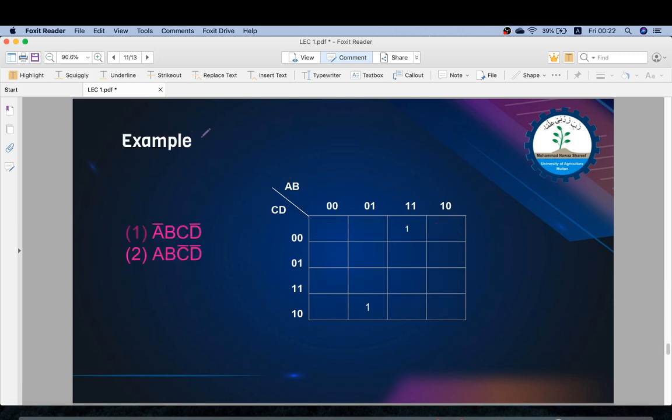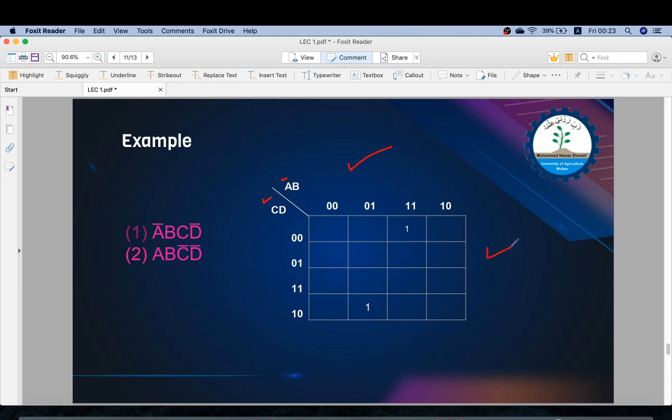Now we'll do some examples for this. Everyone should know which K-map this is and how many variables. So this is a 4 variable K-map. From there we can see A, B and C, D. How many cells are there in a 4 variable K-map? 16.